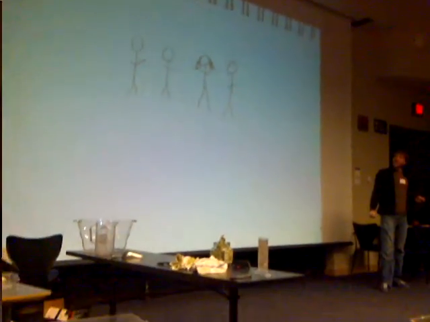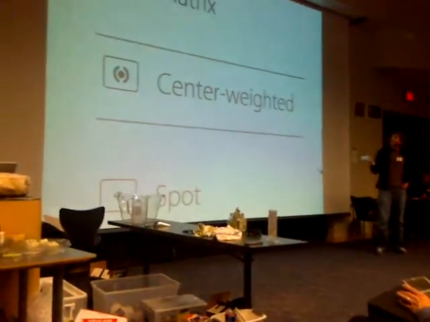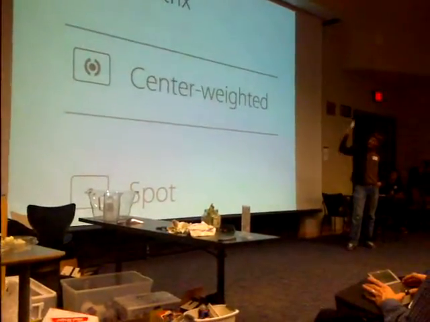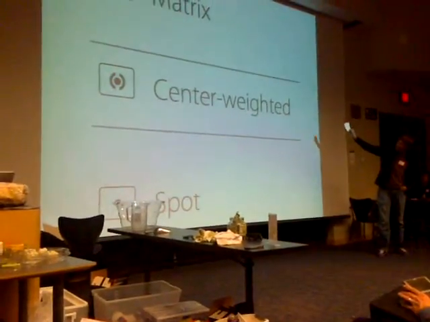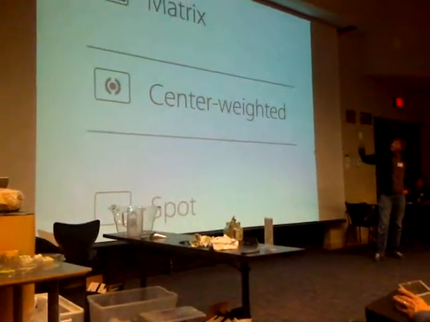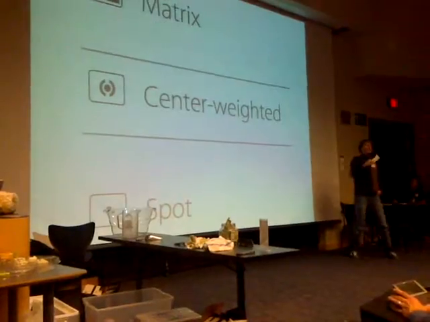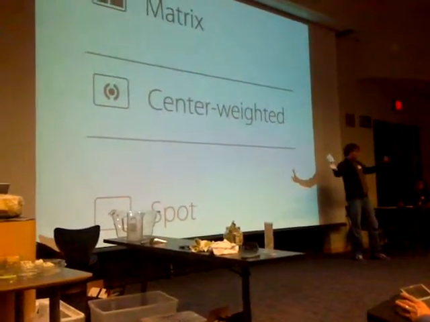You get this one? This is metering. So this is kind of like a room. There's a lot of guys and a few girls, kind of like this room. So you have a choice. You got these settings on. I think this is on my camera. Your camera is going to be just like this. You got this matrix, center weighted, spot. The idea is, when you come in here, am I going to talk to all of you?